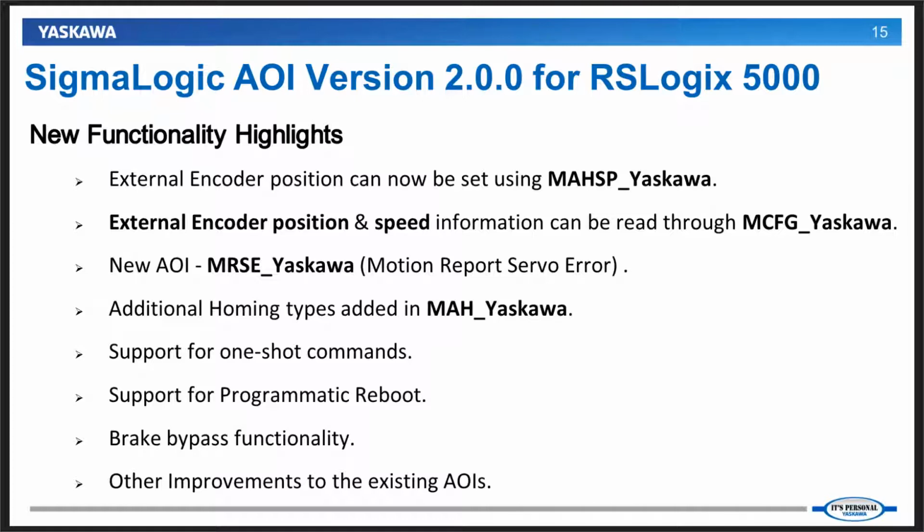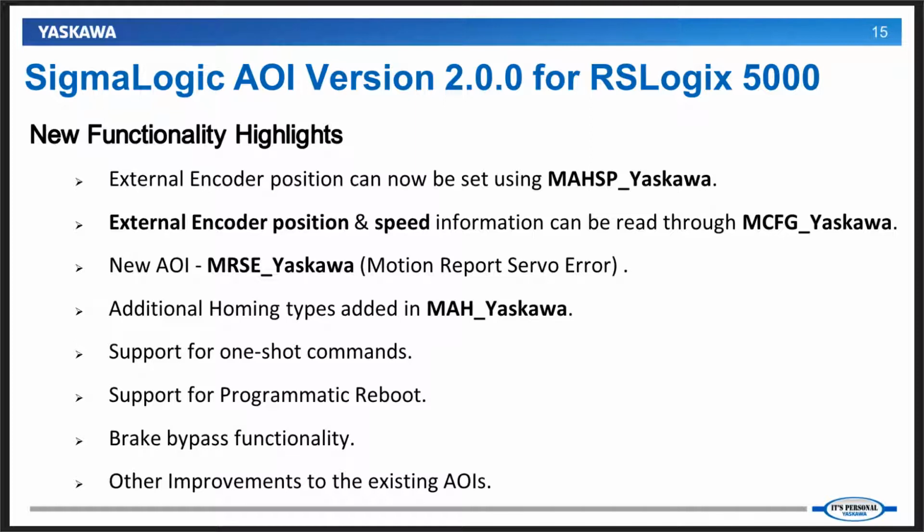External encoder position can now be set using motion axis home set position Yaskawa. External encoder position and speed information can also be read using motion config Yaskawa. New AOI called motion report servo error, which gives you a detailed description of an alarm in case there is any alarm in the SigmaLogic unit.